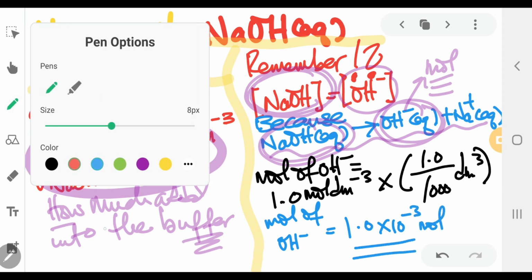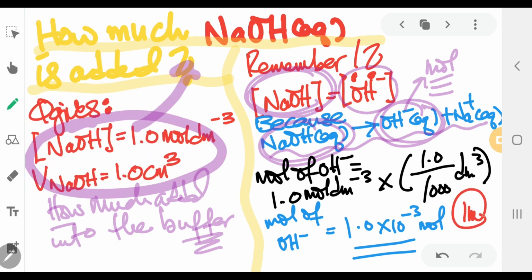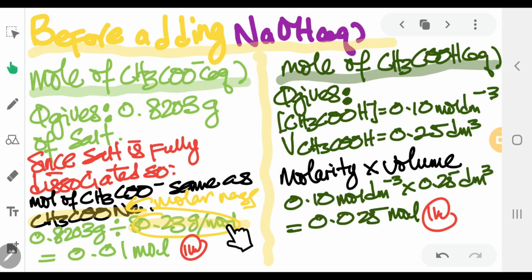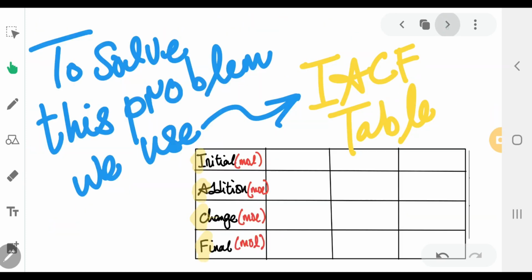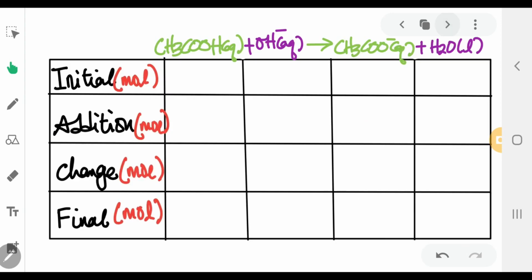So we get another 1 mark right there. We take all of this information again, like what we have done for the strong acid addition. We're going to write that into the ICF table to find out the final mole. And from the final mole, we can work out the final molarity.